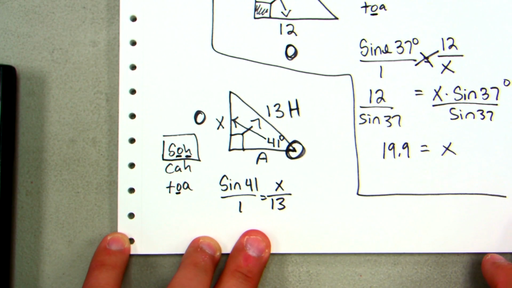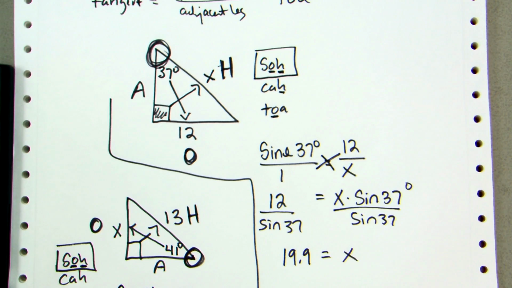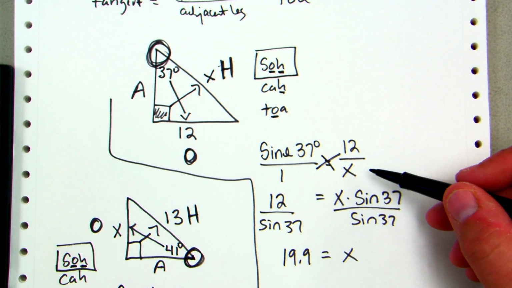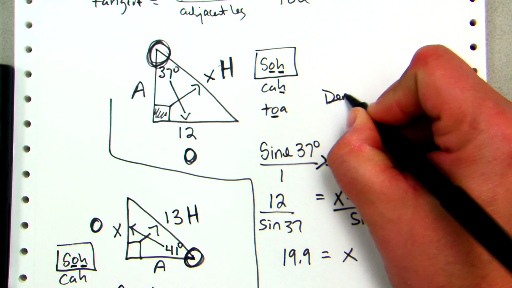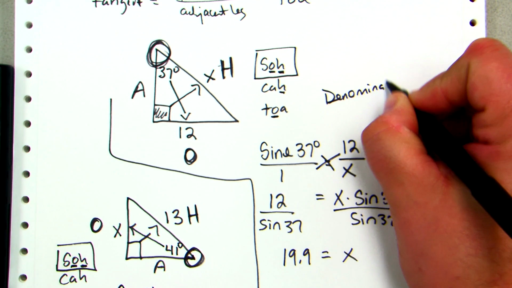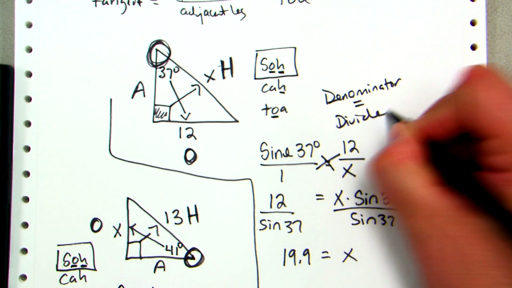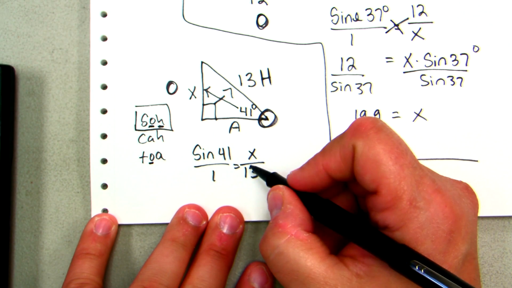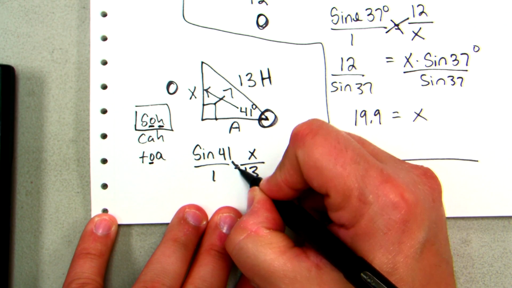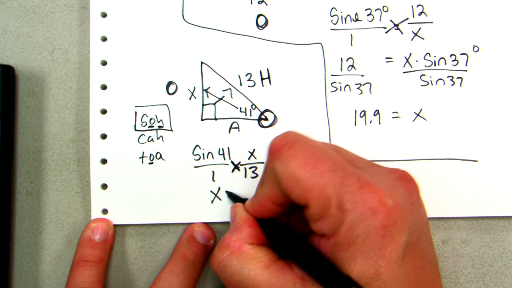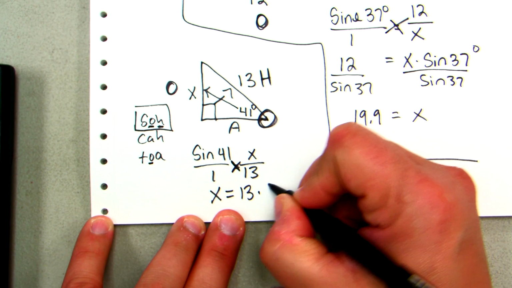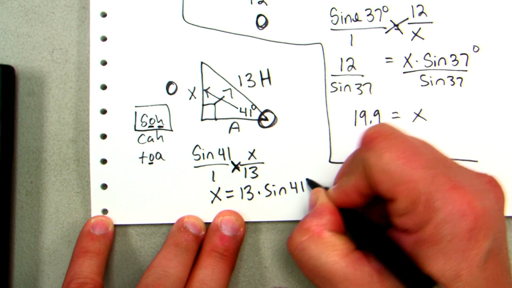Notice in this one, the x is in the numerator. And in this ratio, x was in the denominator. Think: denominator equals divide. Numerator, all we're going to do is cross multiply. So we're going to say x equals 13 times the sine of a 41-degree angle.